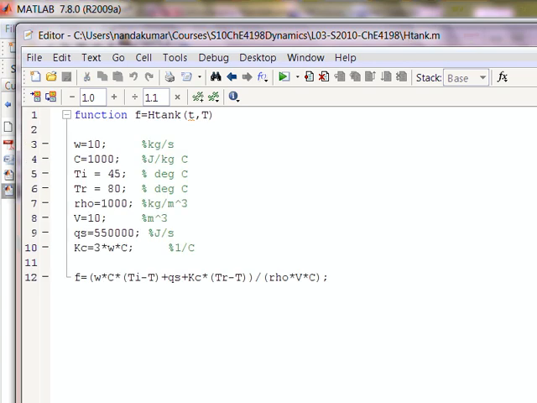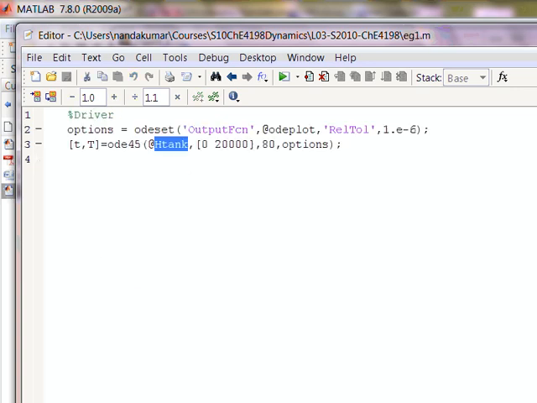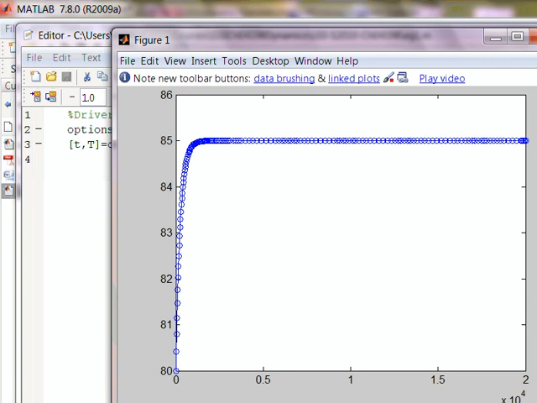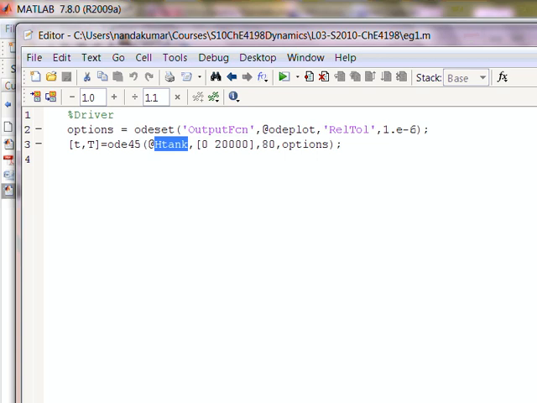Now, let's go back to this, and here is how I can change the controller parameter. Suppose I put this as 0. What is going to happen? I can save that. I've changed the KC, and before I go back, keep in mind, what was the value there? 85. The steady state value is 85, right? So let's go back and resolve the problem.